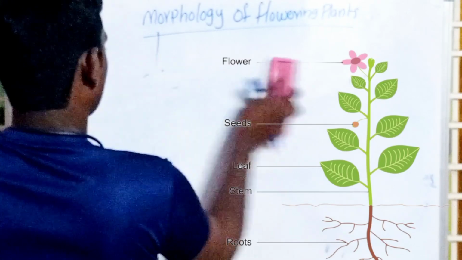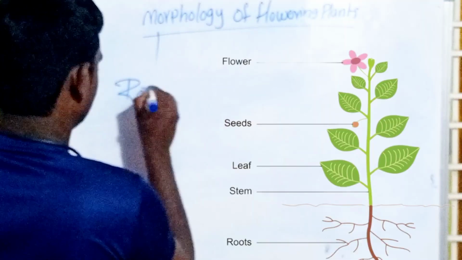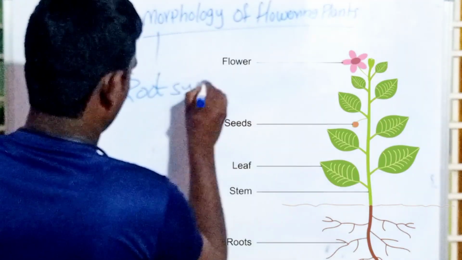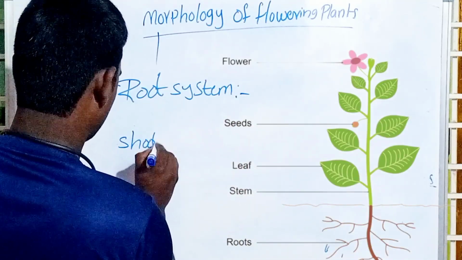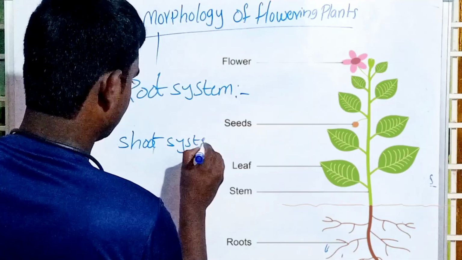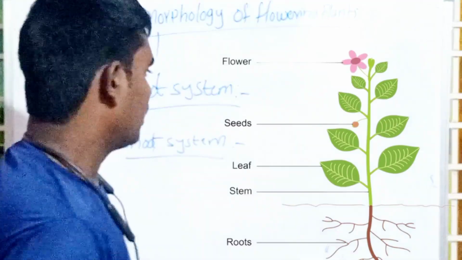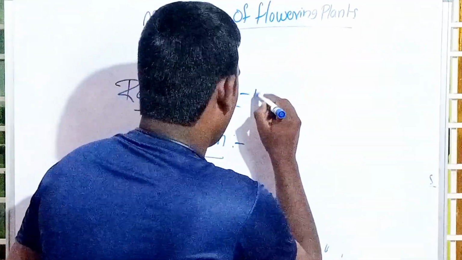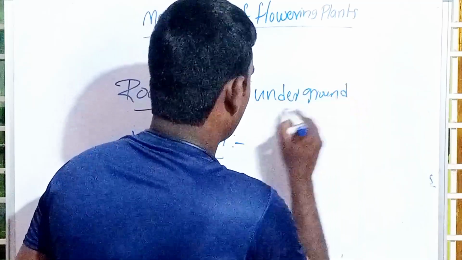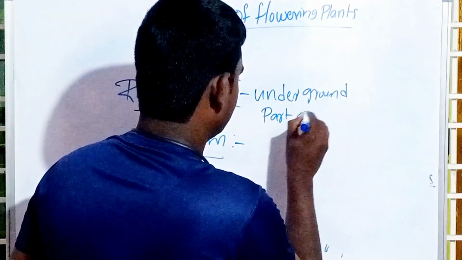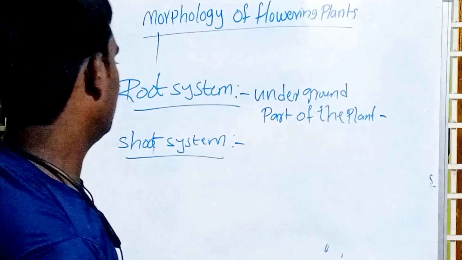The root system is the underground part of the plant.